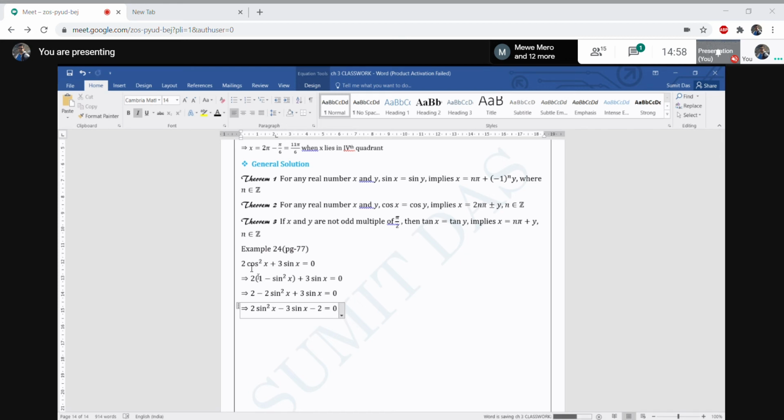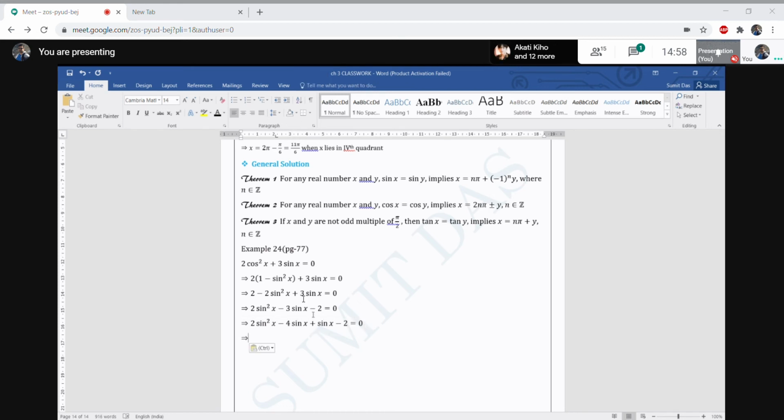If you take minus common, we'll get 2 sine square x minus 3 sin x minus 2 equal to 0. So we can solve this like a quadratic equation. We can write 2 sine square x minus 4 sine x plus sine x minus 2 equal to 0.